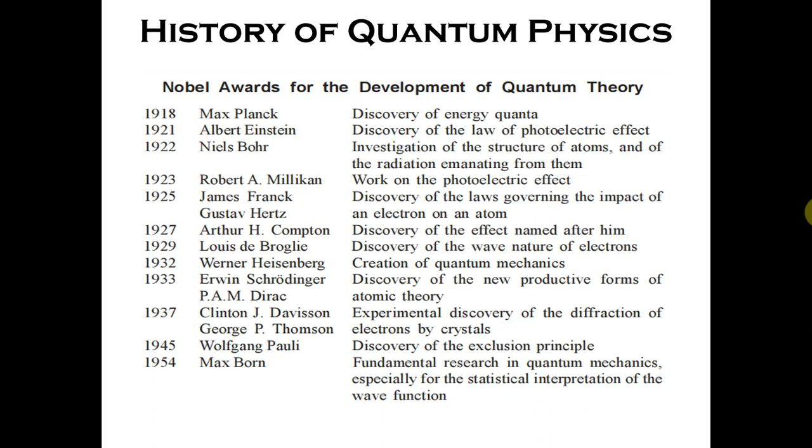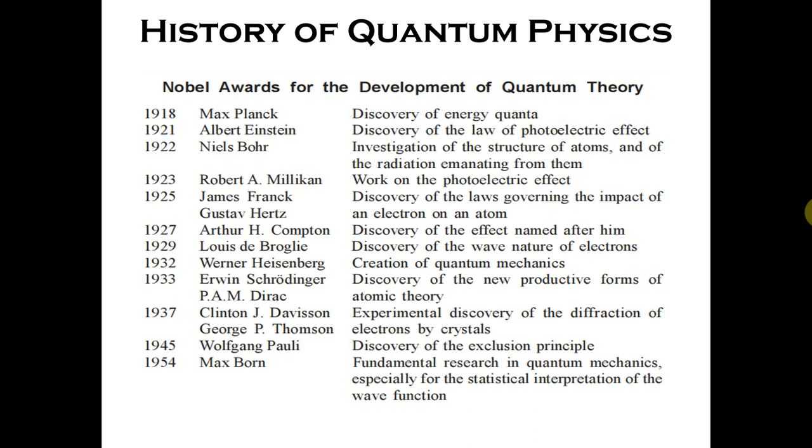He used Planck's idea to explain the puzzling features of the photoelectric effect. In 1923, Compton explained the change of wavelength of X-rays when they are scattered by free or weakly bound electrons. The concept is known as the Compton effect.